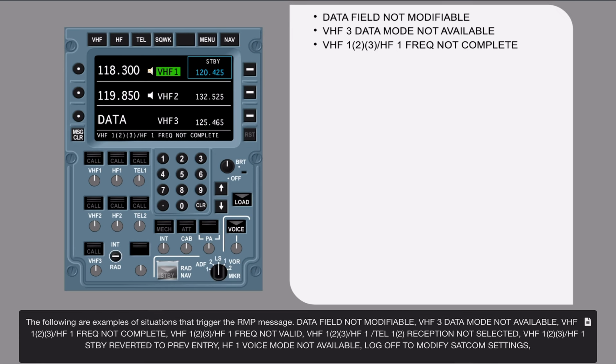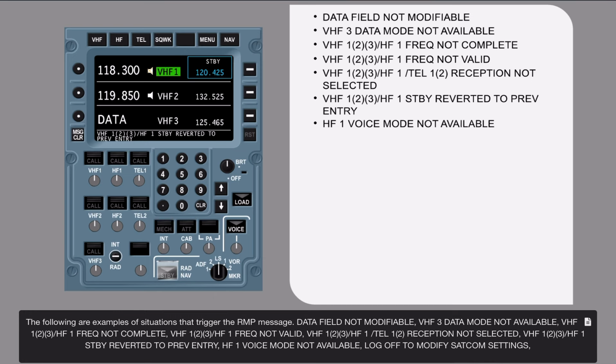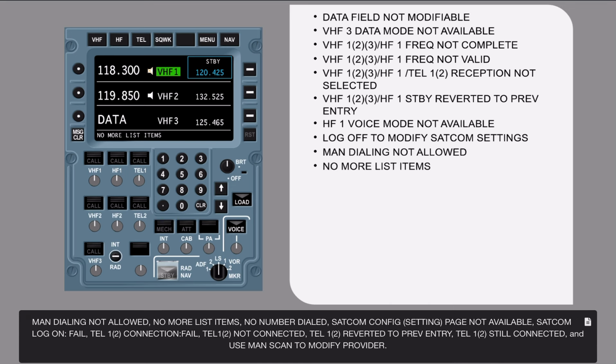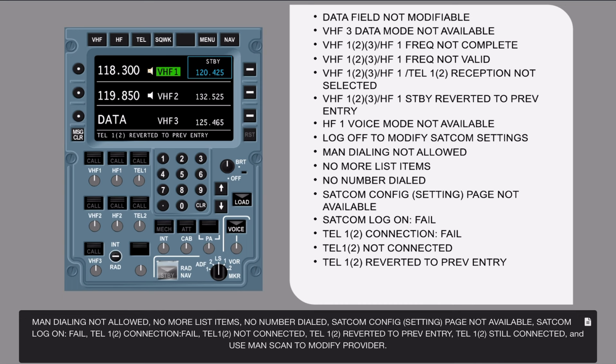Messages include: frequency not complete, VHF 1, 2, or 3, or HF1; frequency not valid, VHF 1, 2, or 3, or HF1, or telephone 1 or 2; reception not selected, VHF 1, 2, or 3, or HF1; standby reverted to previous entry; HF1 voice mode not available; log off to modify SATCOM settings; manual dialing not allowed; no more list items; no number dialed; SATCOM configuration or setting page not available; SATCOM log on fail; telephone 1 or 2 connection fail; telephone 1 or 2 not connected; telephone 1 or 2 reverted to previous entry; telephone 1 or 2 still connected; and use manual scan to modify provider.